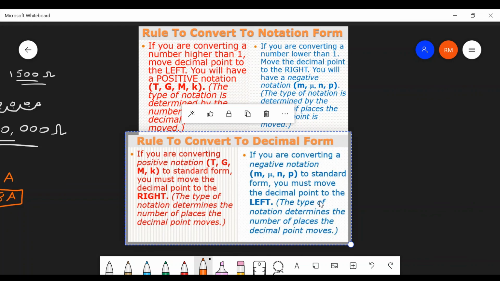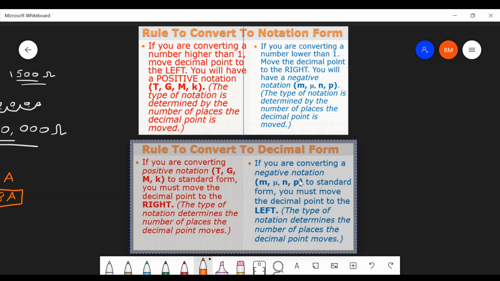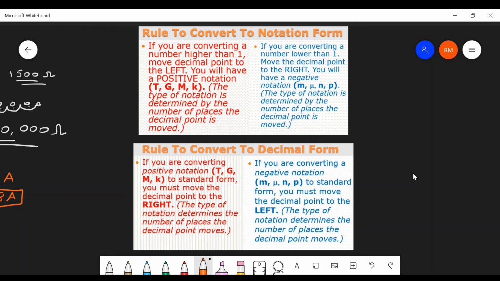So if you have your notebook with you, you can take notes here. Or you can just freeze the frame, however you want to do it. But these are some basic rules that I came up with using very simple language to help you convert values to notation form and from notation form to decimal form.